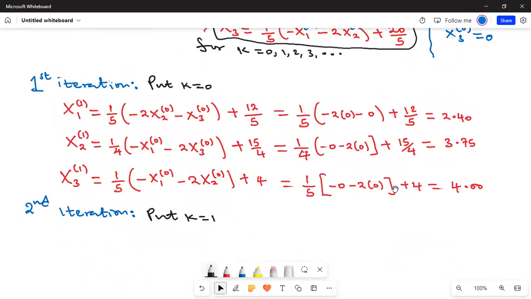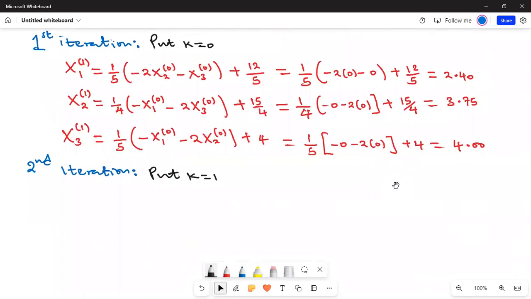When now k is equals to 1, we are going to get x1 at level 2 is equals to 1 over 5 negative 2x2 at level 1 minus x3 at level 1 plus 12 over 5.